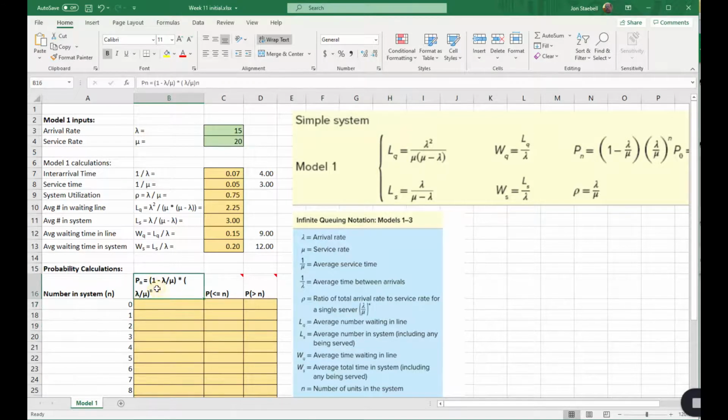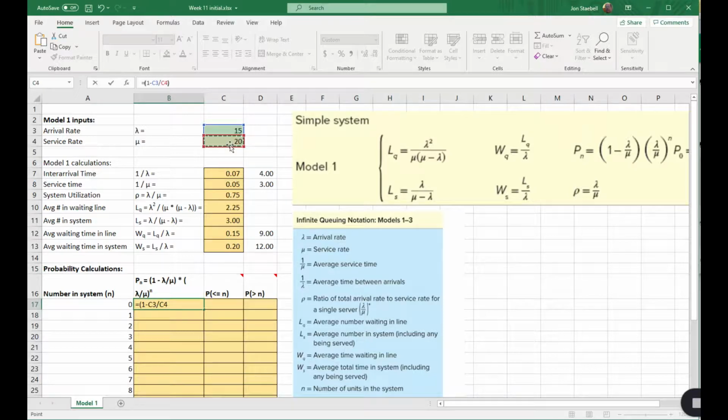So the formula for that I wrote out here, and it's also over here, is this formula here. So rather than me read it, let's go ahead and do it here. What we're saying here is the probability is the quantity 1 minus lambda C3 divided by mu C4.